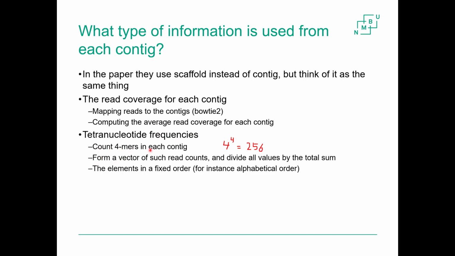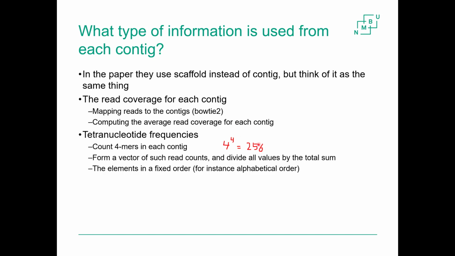So we count these 4-mers for each contig, and if you go into the paper and read it in detail, you will also find they say that they only use canonical 4-mers. So it's not actually 256, it's actually 136 or something like that.